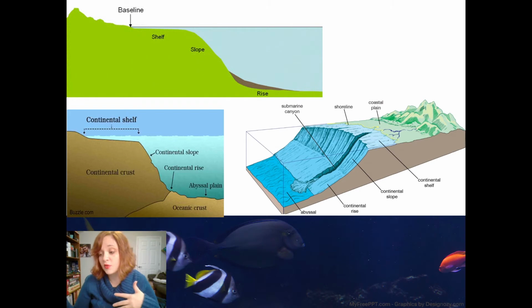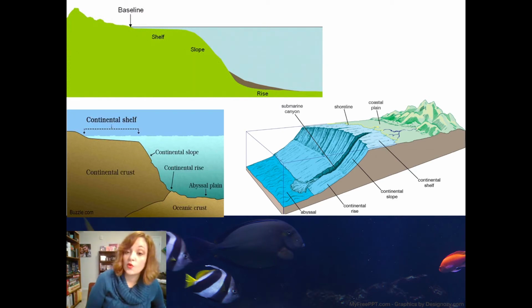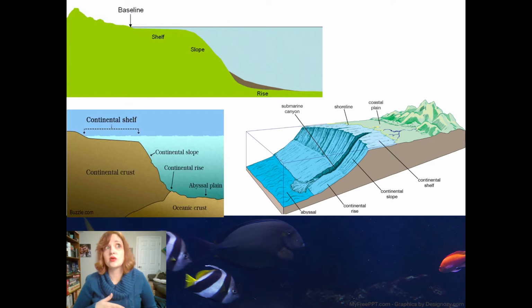So we said the slope can be anywhere from 9,800 feet to 13,000 feet, which is 3,000 to 4,000 meters. So it's safe to assume that the continental rise, since it's found at the bottom of the slope, would be near those numbers as well.